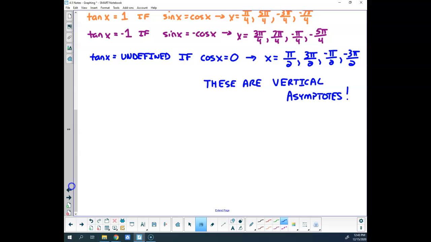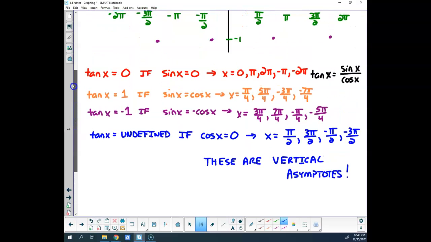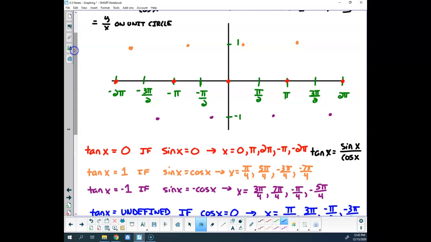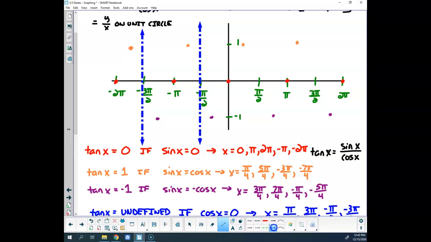So those give us vertical asymptotes because their function is undefined there. We can't cross over a vertical asymptote. So remember that vertical asymptotes, or any asymptote, goes onto your graph using a dashed line.